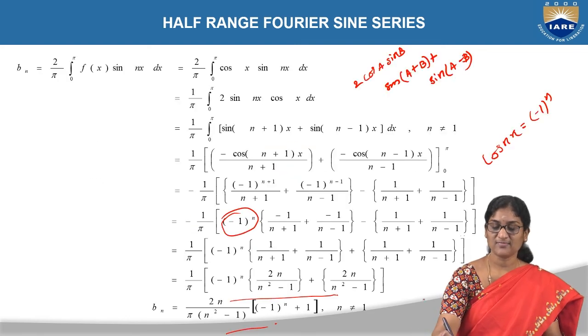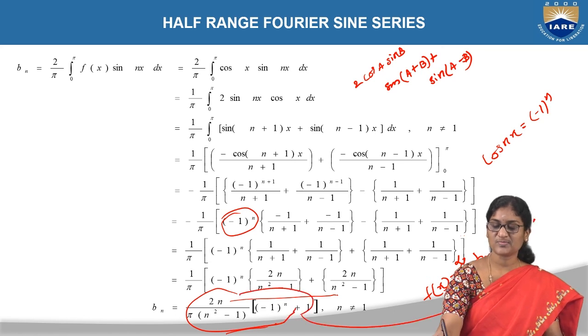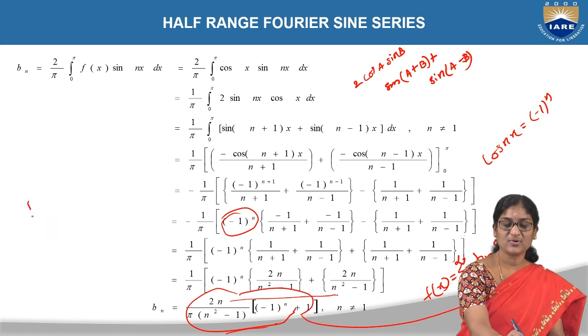That is f of x is equal to summation n rises from 1 to infinity bn sine nx. So this total value has to be substituted here to get the Fourier expansion.